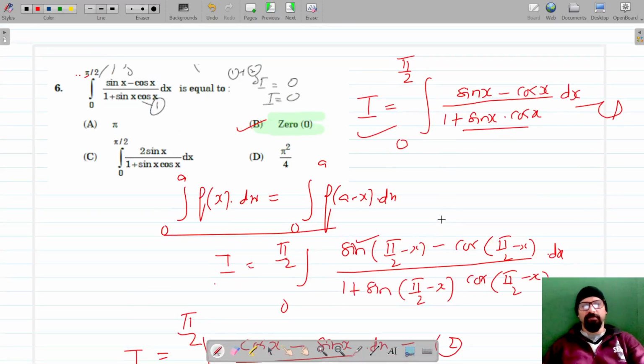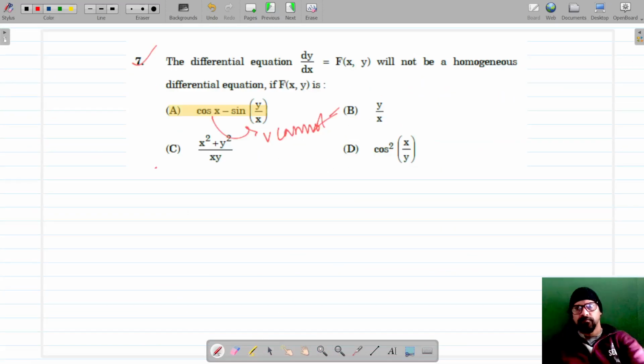Moving on to question number 7. For question number 7, the differential equation dy by dx is equal to f of x, y will not be a homogeneous differential equation if the function in terms of x and y is out of these. Now, out of all these functions, this one, the option A. How do we check whether the given differential equation is a homogeneous differential equation or not?